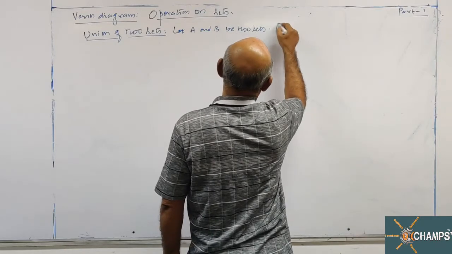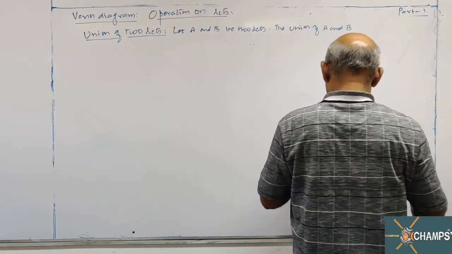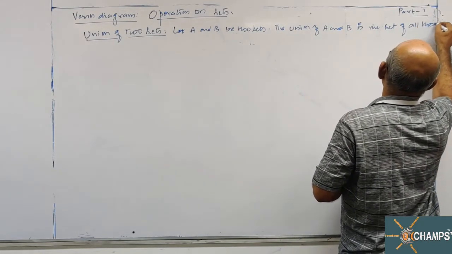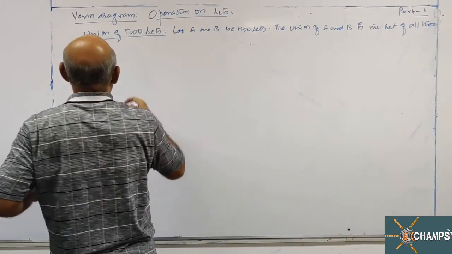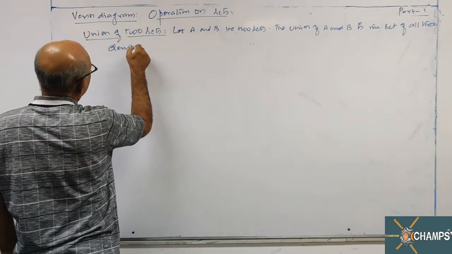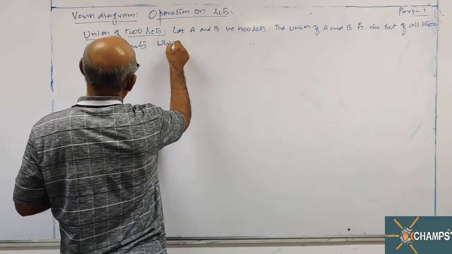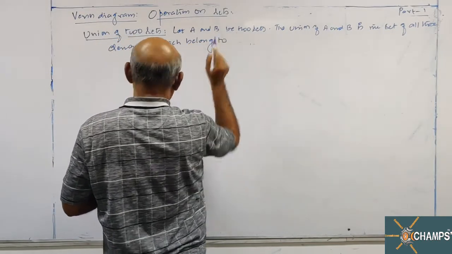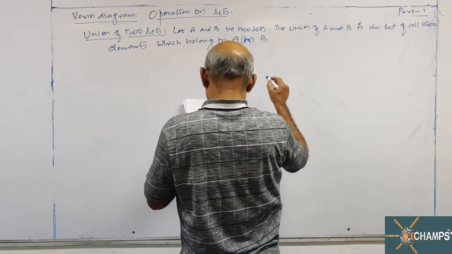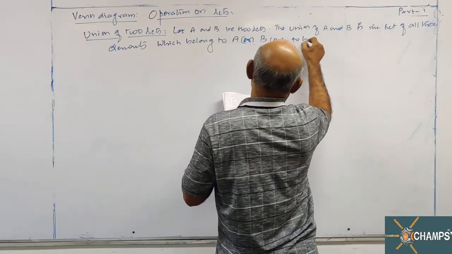The union of A and B is the set of all those elements which belong to A or B, or to both A and B.